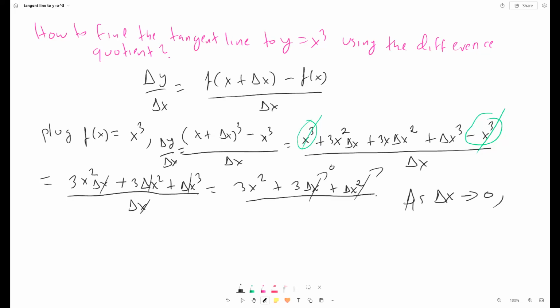That means that the slope of the tangent line is 3x squared. So that will be your answer.